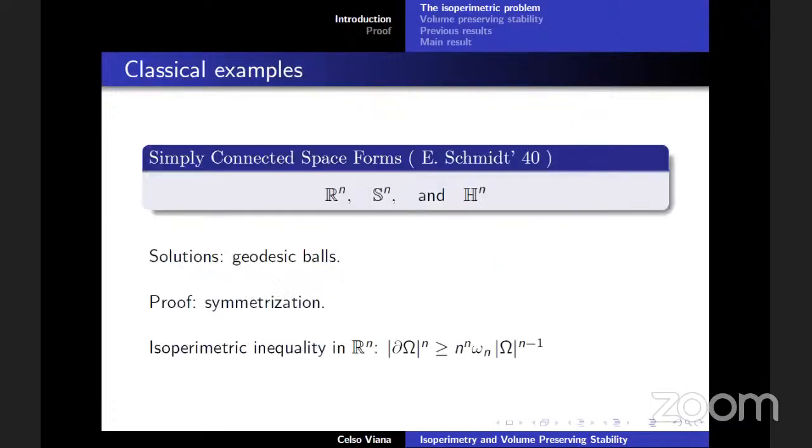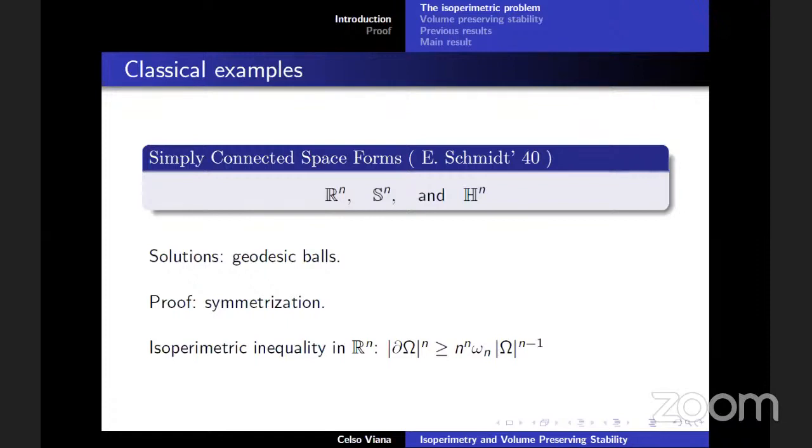Let me start with the most important example, the example that motivates all of this discussion, which is Euclidean space. Today we all know that the optimal solutions for these problems are geodesic balls. Out of this classification result, we have this beautiful isoperimetric inequality for compact sets in Euclidean space.